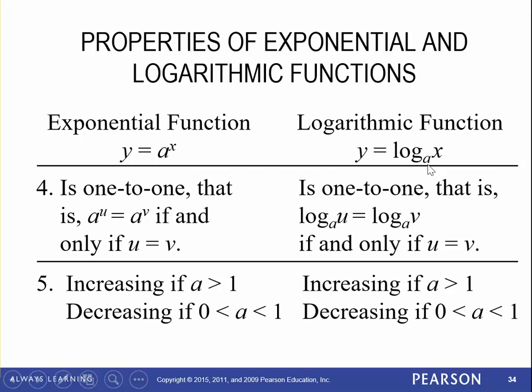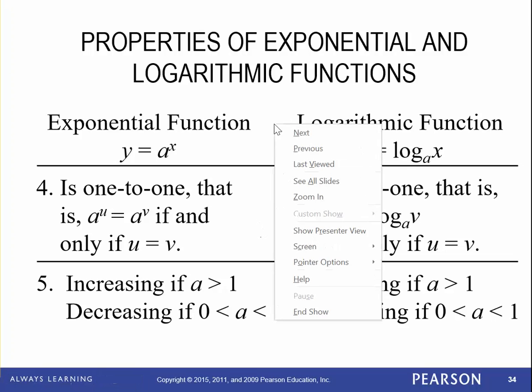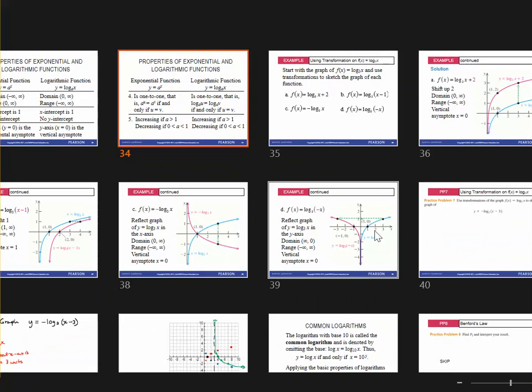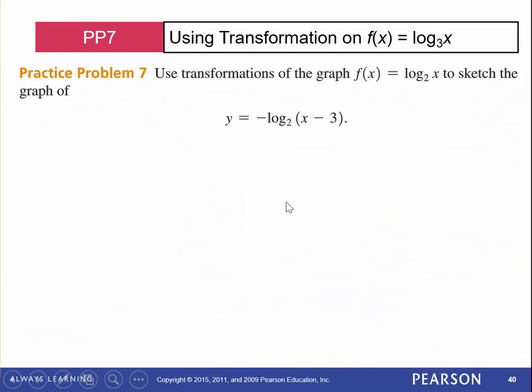Okay, with that, let's do just a little bit more graphing. But what we want to do is we want to be able to graph using transformations. We already graphed 2 to the, that's our log base 2. So think about what's going to happen here. So x minus 3. And then you have the negative on the outside in front.